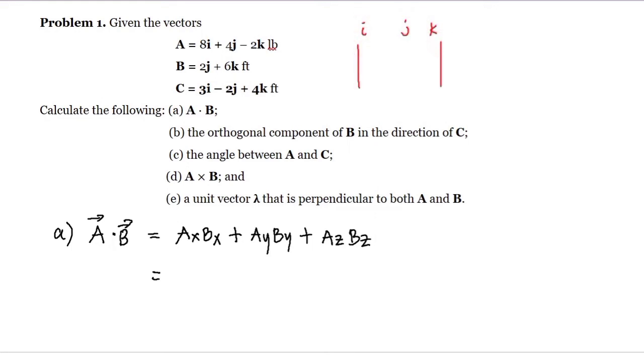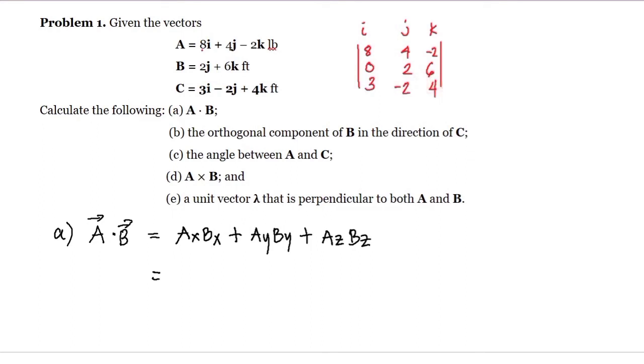Kukunin natin yung mga coefficients niya. For vector A, that's 8, 4, and negative 2. For B, since wala tayong i, that's 0, and the j is 2, and the k is 6. And for C, that's 3, and the j is negative 2, and k is positive 4.